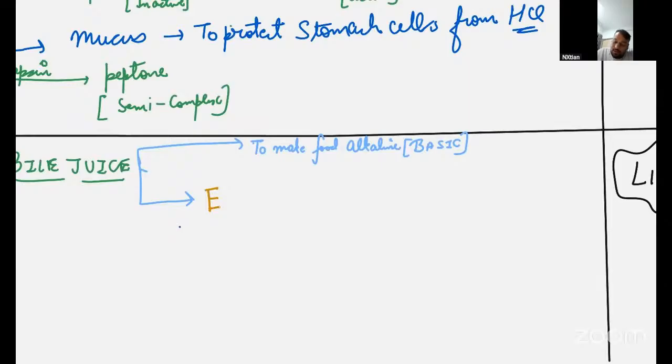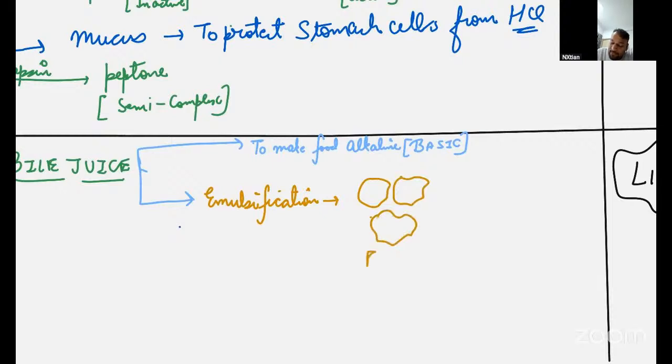Yes, sir. Now, bile juice did the first job, which is the alkalinic part, and the second one is emulsification. Repeat after me: emulsification. Now, what is the role of emulsification? Listen, guys. For example, when we are chewing, there are still big fat globules. So what will bile juice do?